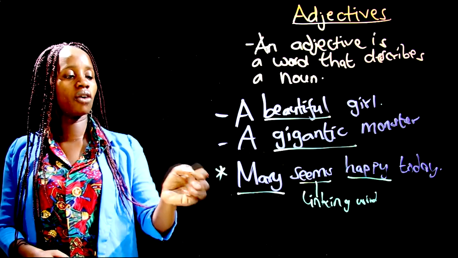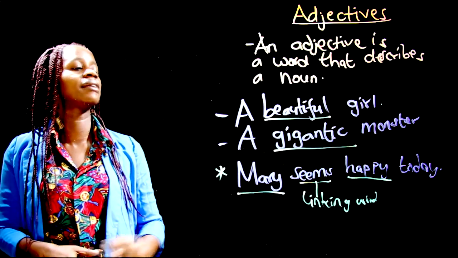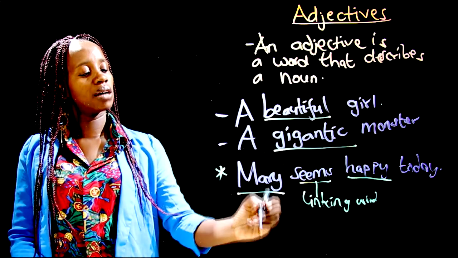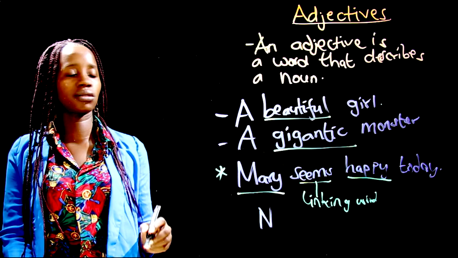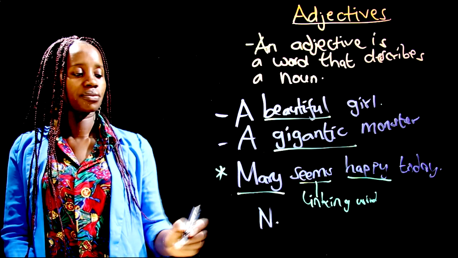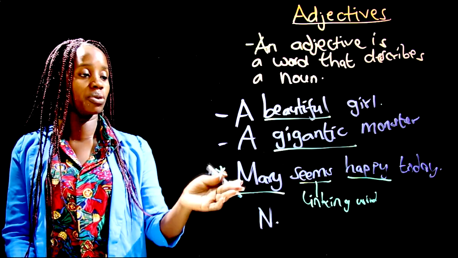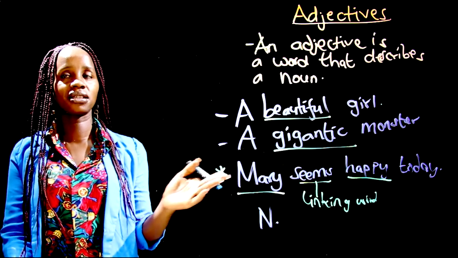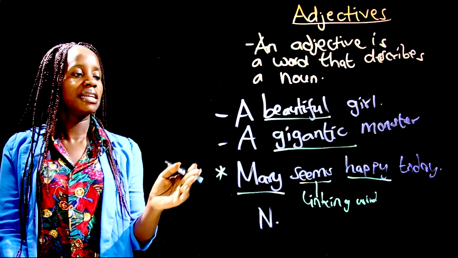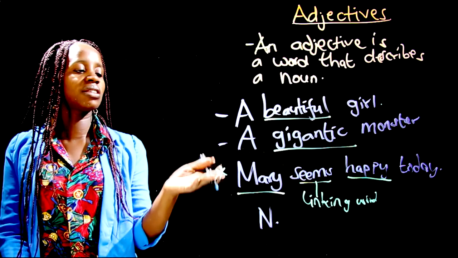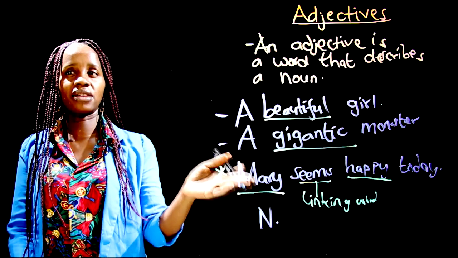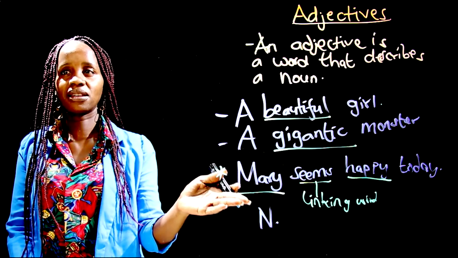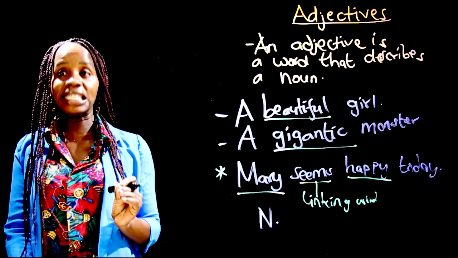So the structure of this sentence is usually the noun, I will use abbreviations, the noun or the pronoun, because Mary can be replaced with the pronoun. Instead of using Mary, which is the most appropriate pronoun we can use to replace Mary? She.